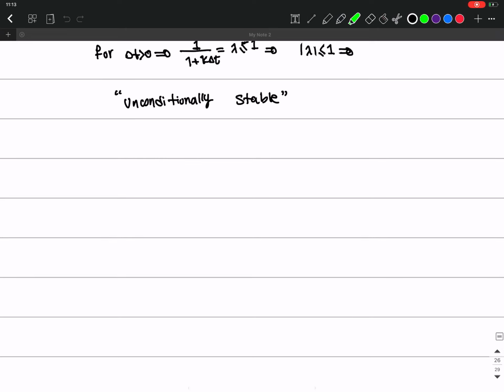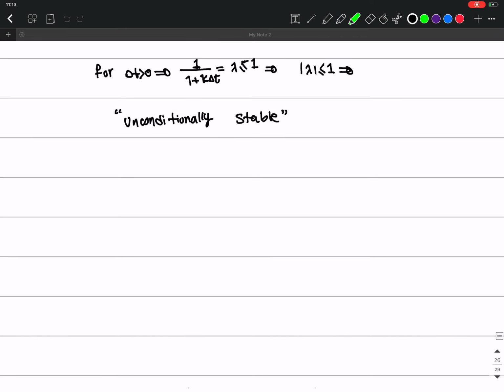So before getting started, I just wanted to make a note that these stability criteria that we are investigating are only for initial value problems, and we will have a more in-depth stability analysis after we talk about spatial discretization as well.